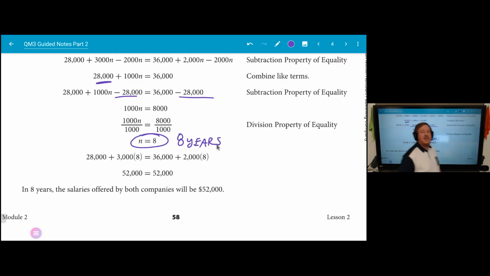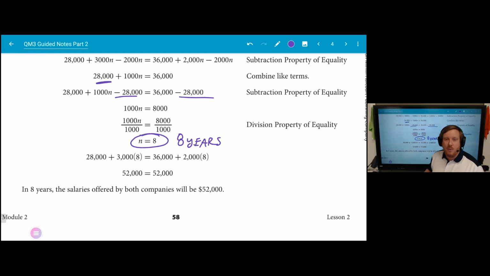But that's not the only question they asked. They also said, what will the salary be? How do we do that? We plug it back into one of them, or in this case, both of them, because they're equal. If I plug N back in, 28,000 plus 3,000 times 8. This is 28,000 plus 24,000, which is 52,000. On the right, we have 36,000 plus 2,000 times 8. 36,000 plus 16,000 is 52,000.